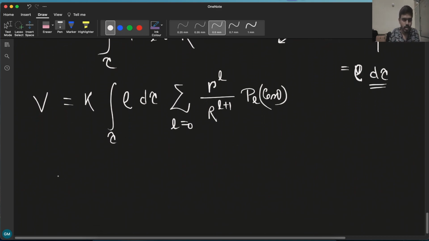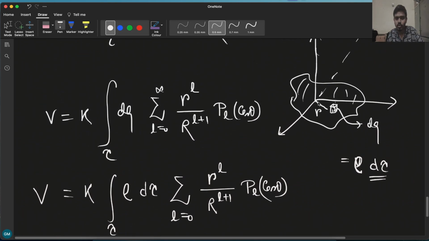So for a continuous charge distribution, this is the potential. I can write the summation sign outside also, L equals 0 to infinity, k. I can also write this capital R to the power L plus 1 outside of this integration, because it's a constant. Here the integration is over the small r, because the small r will be changing and covering the entire source charge region.